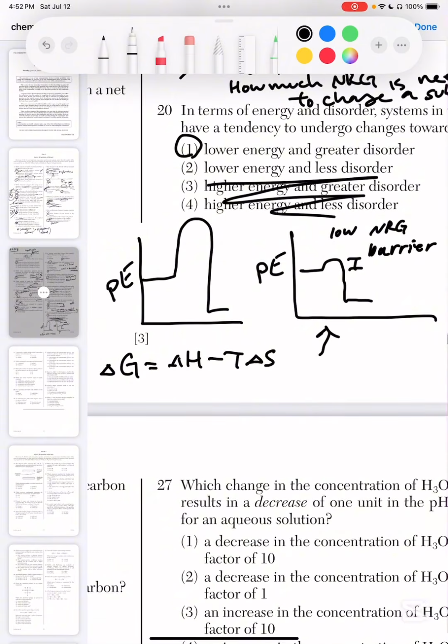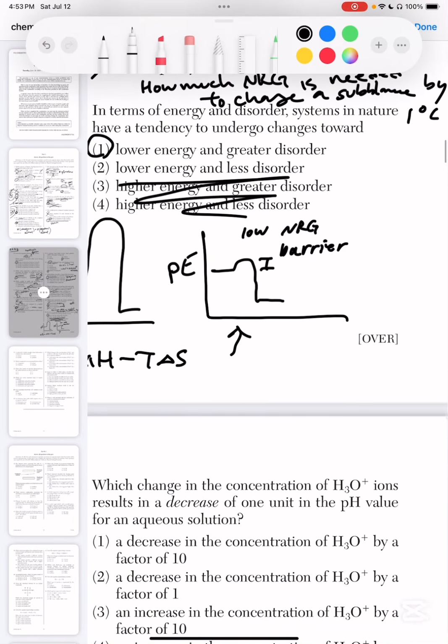Delta G is spontaneity, delta H is energy, T is temperature, and delta S is entropy. So when you have negative delta H and positive delta S, you always have a spontaneous reaction despite temperature conditions. So that's essentially what the answer to the question is: negative enthalpy meaning lower energy, and positive entropy meaning greater disorder.